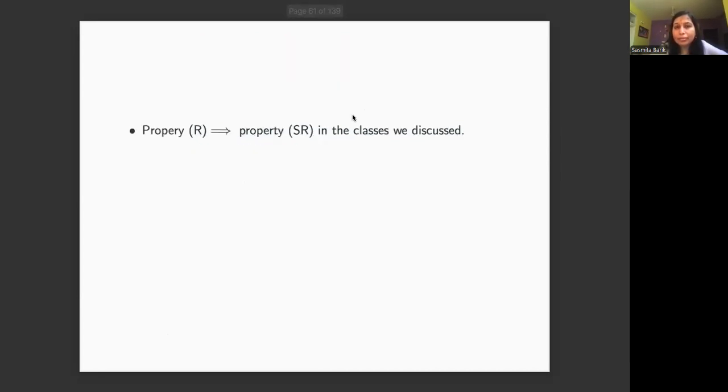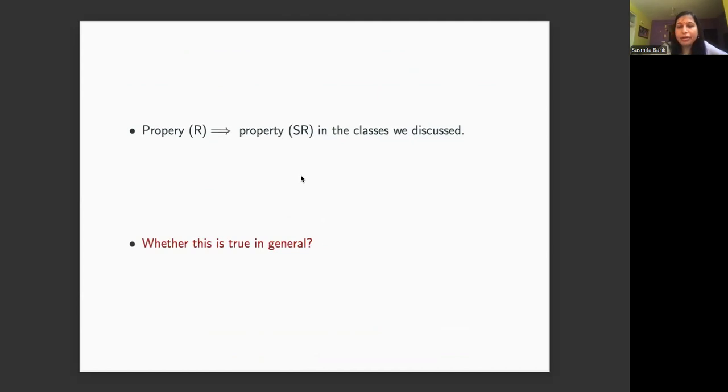What I can observe is, in the classes I discussed, property R implies property SR, so both are equivalent. But is this true for any graph?